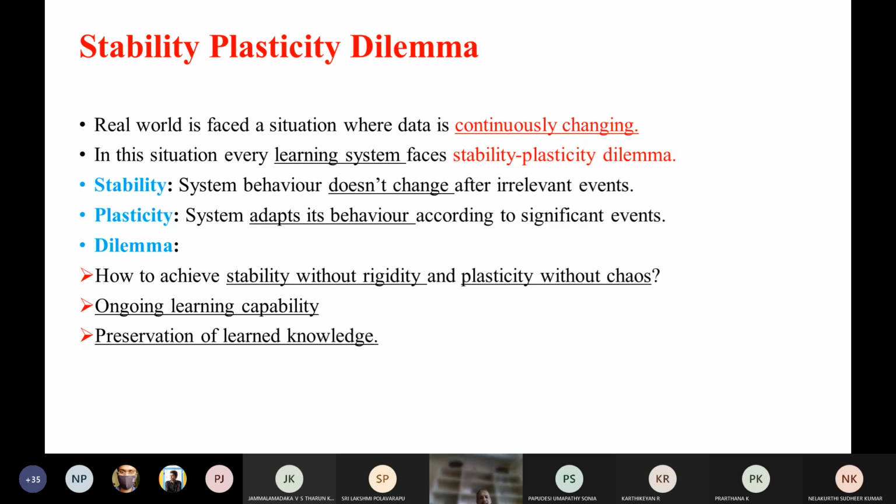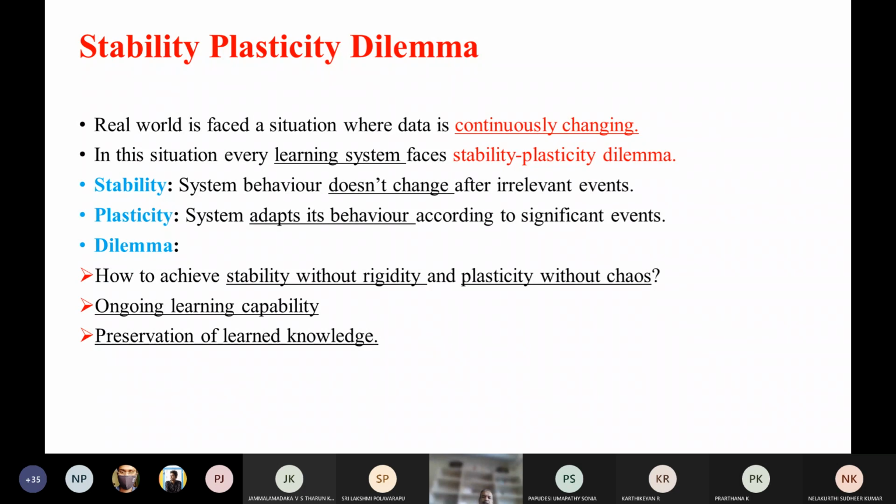I need to achieve the stability, that is, behavior of the system should not change, even though there are irrelevant events, or even though the environment is continuously changing. I need to be stable in that particular situation. So how to achieve that without any rigidity, without any conditions, without any constraints, without any other modifications or changes.